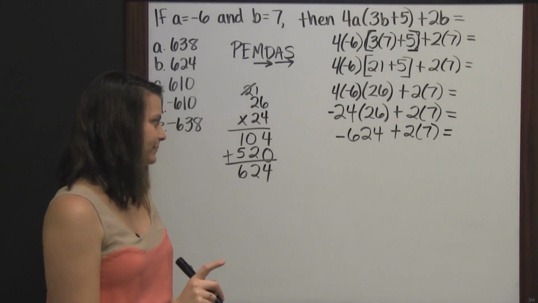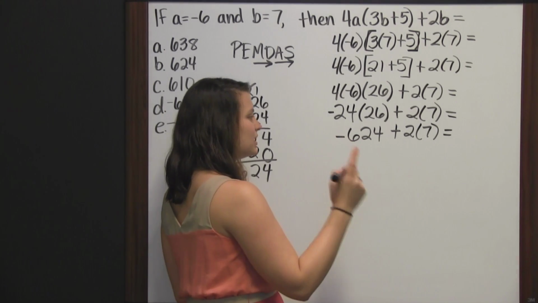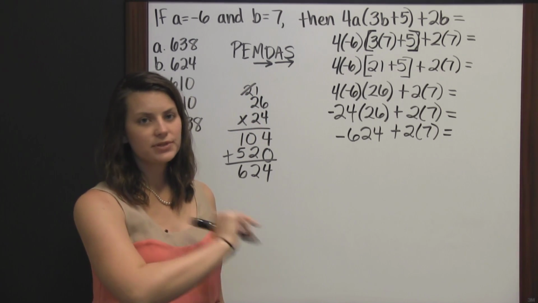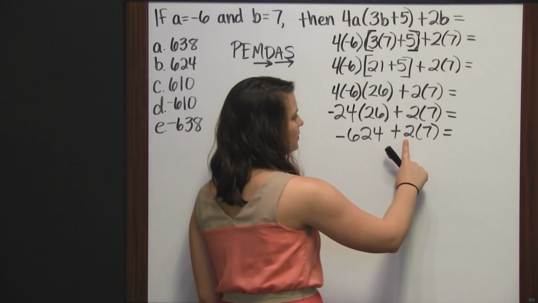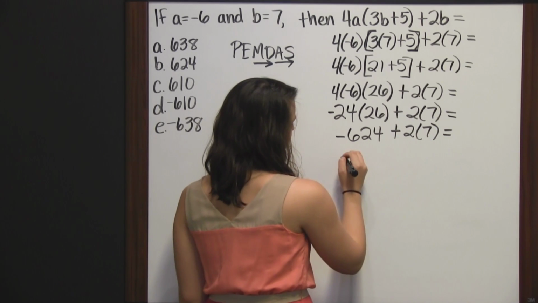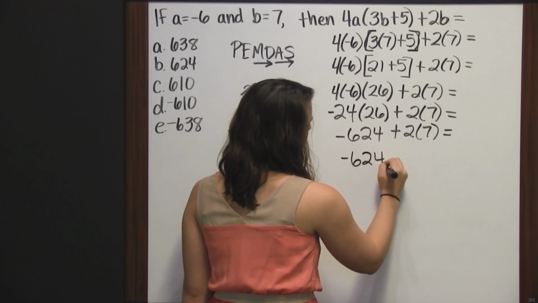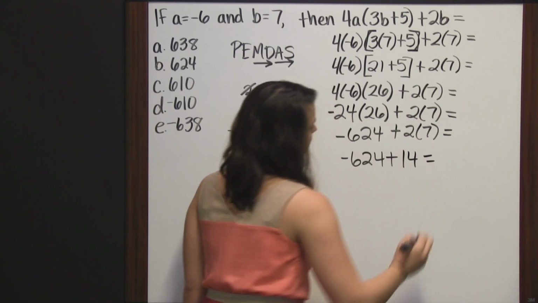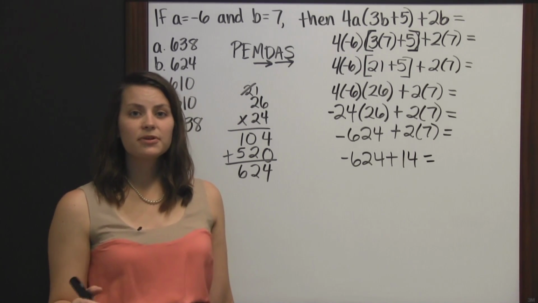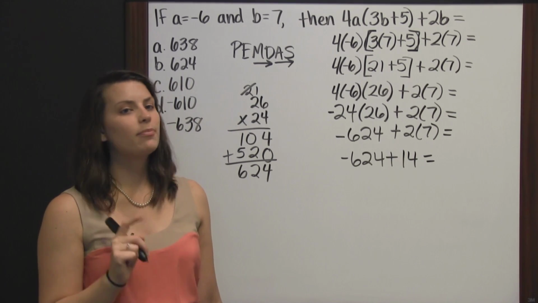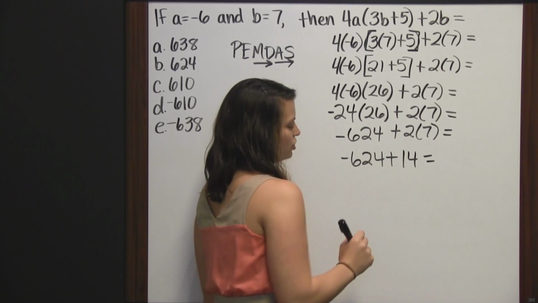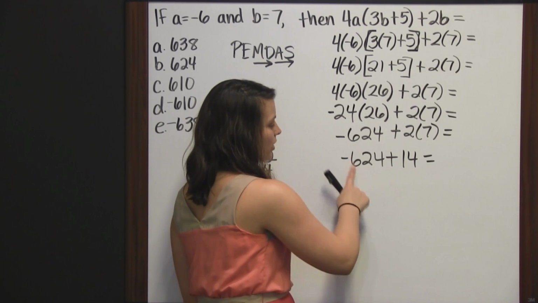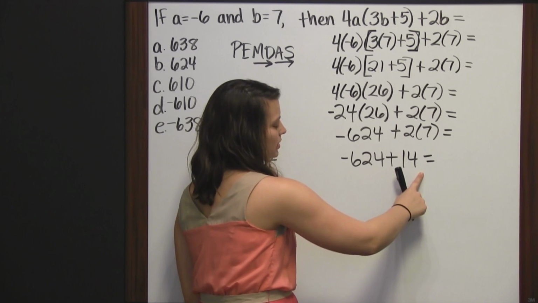We're almost there. We need to continue with our multiplication until we've multiplied all the terms there are to multiply, which means we next need to multiply our 2 times 7. So we have negative 624 plus 2 times 7 is 14. Now we've finally simplified it down to our very last operation, and that is addition. And we're adding two numbers with different signs. One's negative, one's positive.